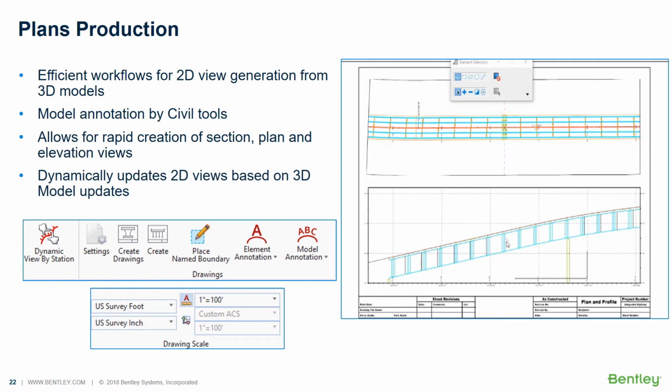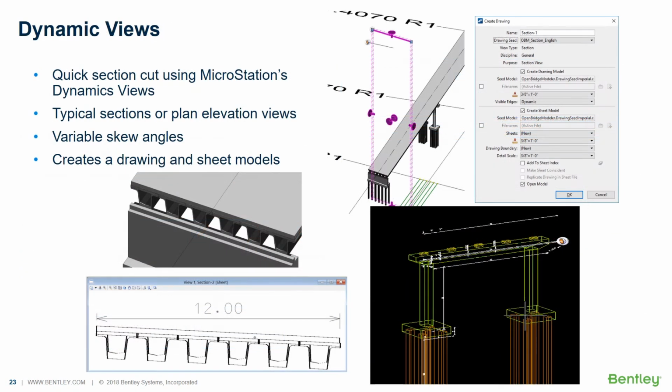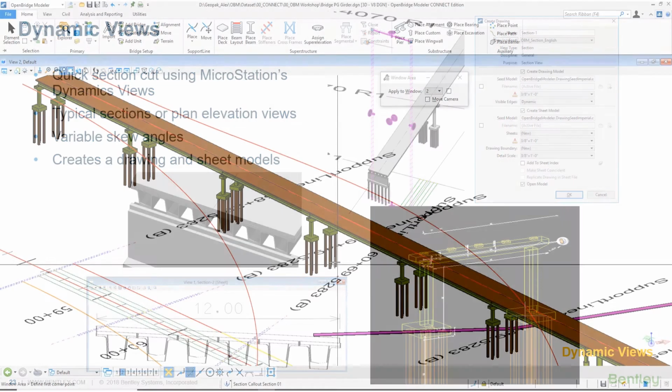Obviously, that will require definition of what boundary to use, I mean, what frame to use, and what scales you are going to be plotting your sheets at. Once the setup is done, then through the use of dynamic views, right, and adjusting the scales, you can generate these typical sections on your structure, right? Now, we have two ways to do this.